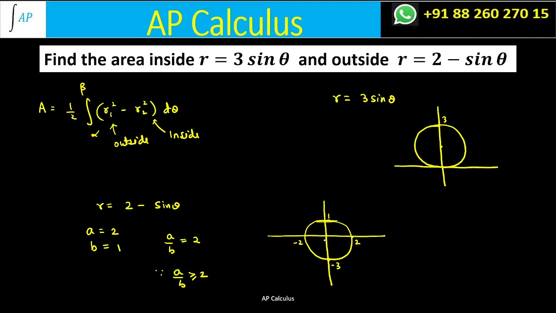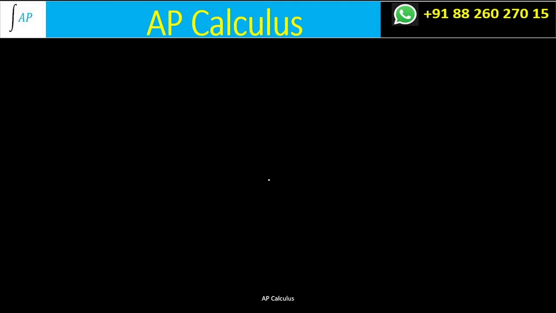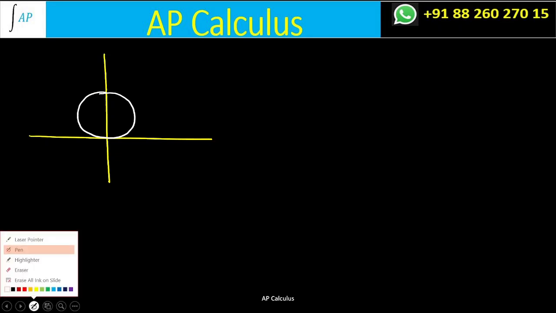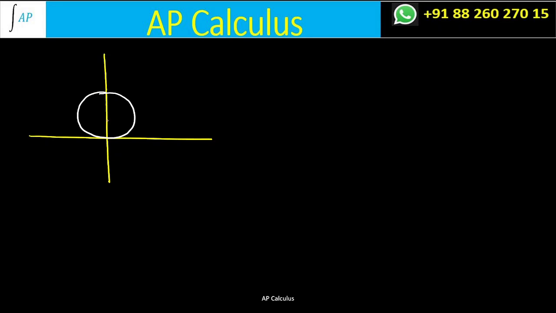Now we have to draw both the curves together and find the area bounded by these two curves. So if you draw both of them together, it will look like this. One is the circle and the other curve is this, a little flattened over here.